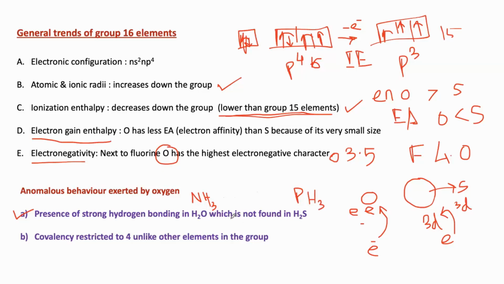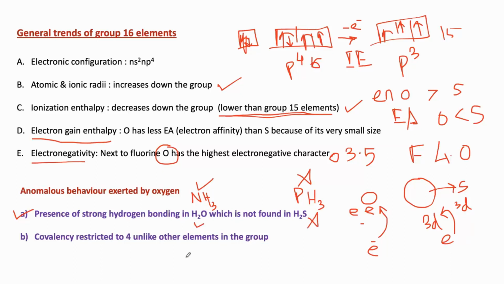So that's why this hydrogen bonding network was possible in the case of ammonia, but it was not possible for PH3. By the same analogy, the hydrogen bonding network between water molecules is quite feasible, but it is not feasible at all in the case of H2S.